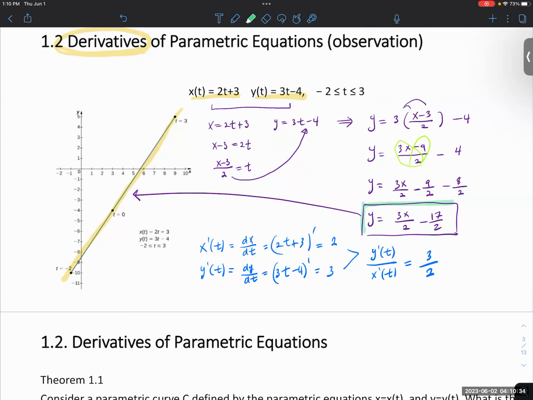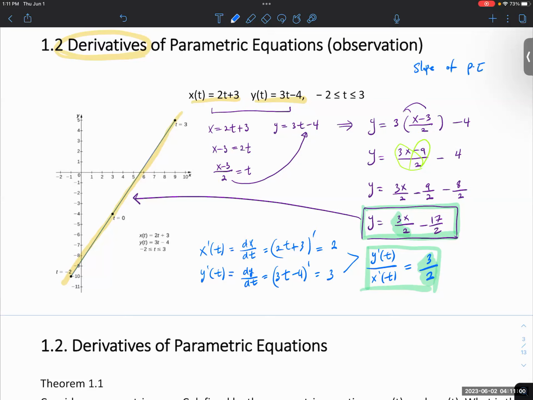We found that in the equation, 3 over 2 was the slope. And when you take the derivatives of x and y, and y prime over x prime, we have the same slope, 3 over 2.